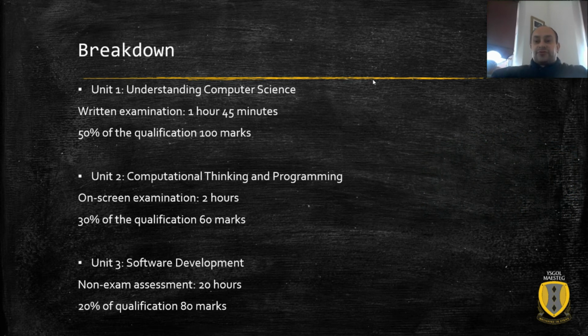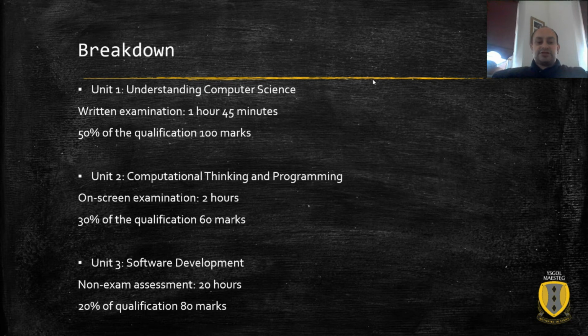The breakdown of the three units: we've got Unit 1, which is the largest of the three units. It will all come down to one exam, 50% of the qualification. Unit 2 is also an exam, but it's an on-screen exam, which gets broken down into things such as a Greenfoot program, an HTML program, and then some pseudocode, which is related to the bare bones of computer programming.